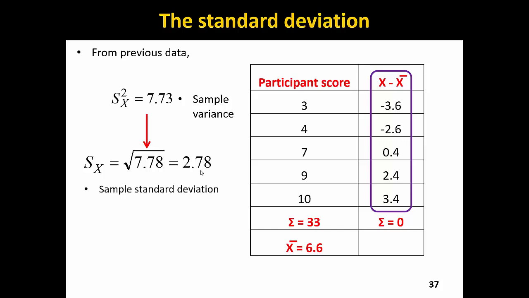So the sample standard deviation now carries the same units as the original participant score. Making note of the typo here, 7.73 and 7.78, the 8 should be a 3 here. This ends our video on the calculation for the standard deviation.